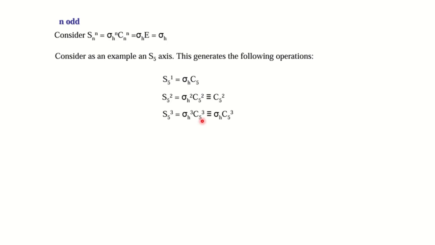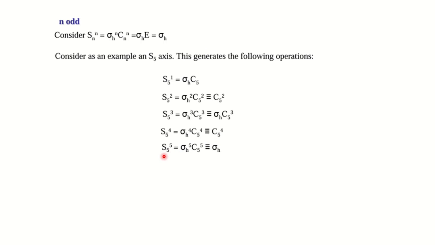S5^3 you can write the same way, with 3 in the superscript, as sigma h^2 into sigma h. Sigma h^2 is equal to identity, so you can write it as sigma h and C5^3. You cannot reduce this further. Similarly, S5^4 you can write like this, and sigma h^4 is identity, meaning 1, and C5^4 you cannot reduce further.